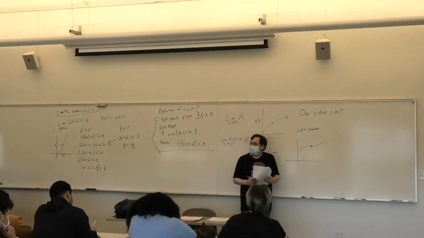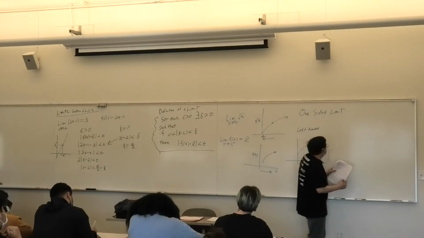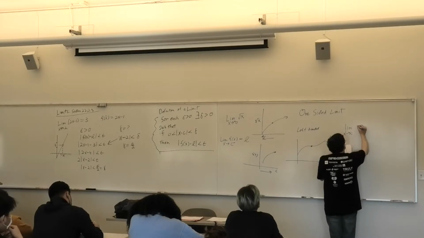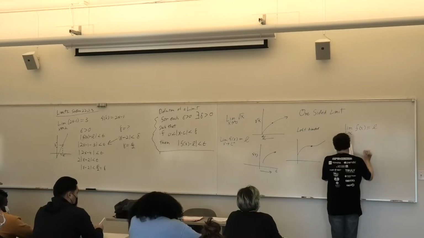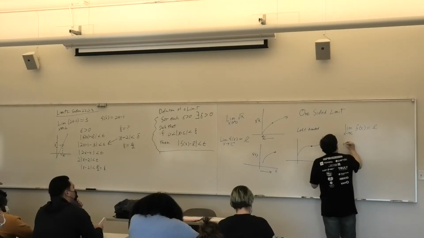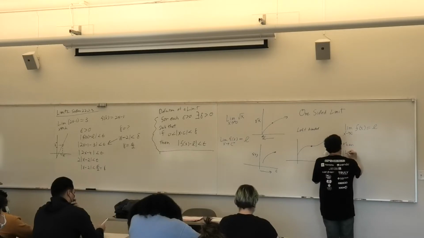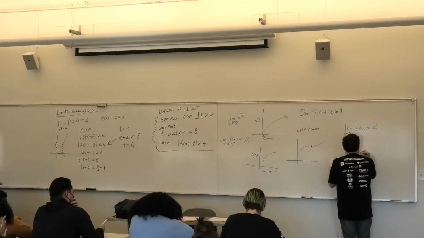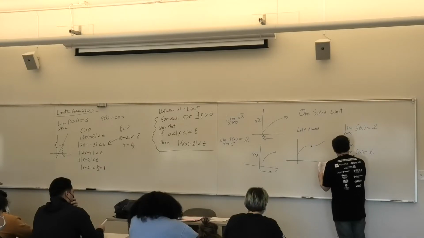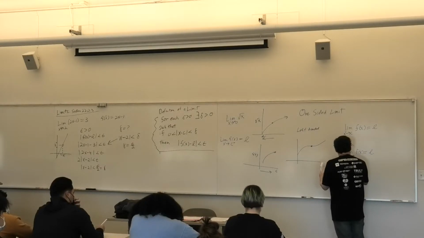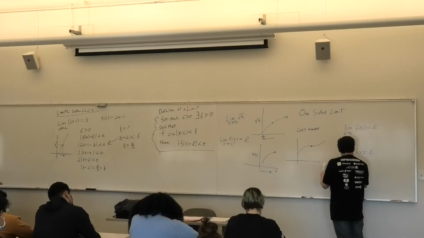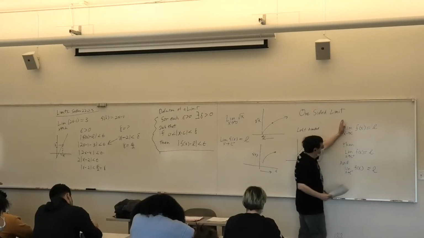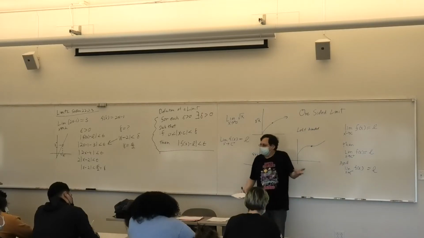And in fact, there's a theorem that if the limit as x approaches c of f of x equals L, then the limit as x approaches c from the right is L, and the limit of f of x as x approaches c in the negative direction is L. So if you have a limit, both the left and right hand limits are limits.